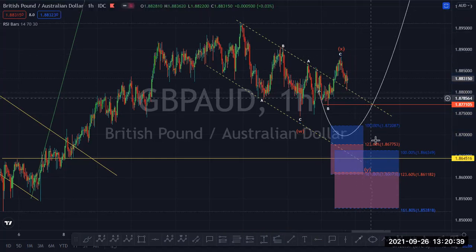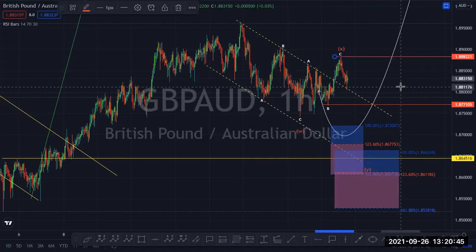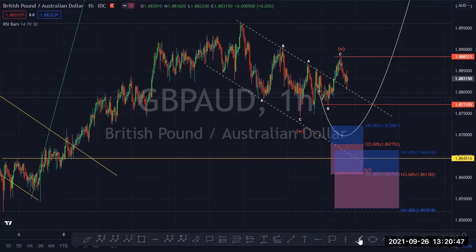Then to avoid unnecessary risk, I will wait for it to break this level before I buy. So that is the first thing to do, wait for it to break here. Then the buying will make sense.